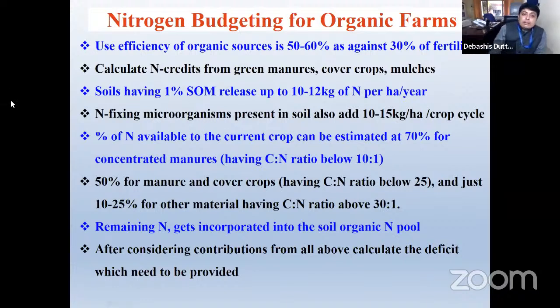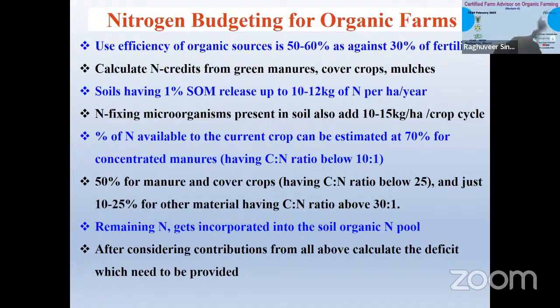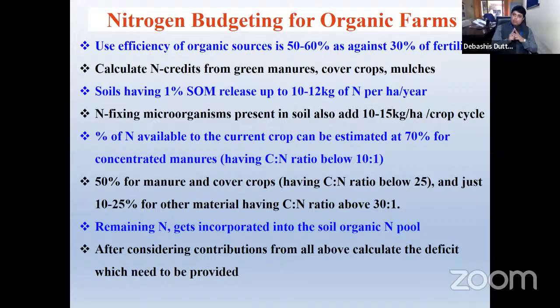And we have different sources of organic manures in organic farming systems. But in that case, the C:N ratio is a very vital factor by which we can easily detect whether the manure becomes available to the plant or not.